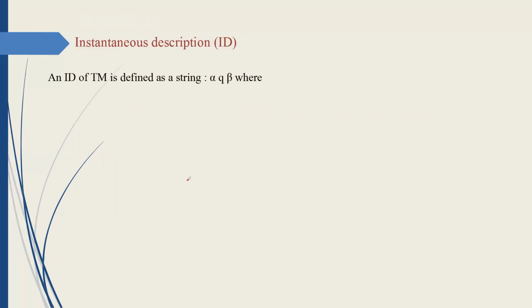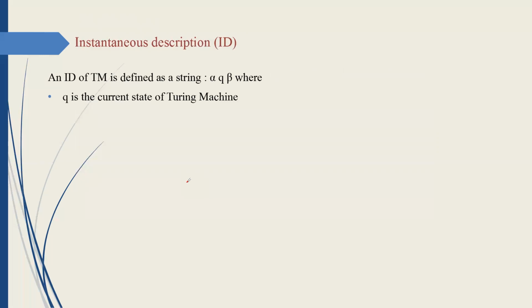Next, coming to the instantaneous description. Instantaneous description is nothing but the moves made by the machine. We define the ID in the PDA also. In the Turing machine, the ID depends on two things: the whole string, not only the string to be scanned, and the current state of the machine.